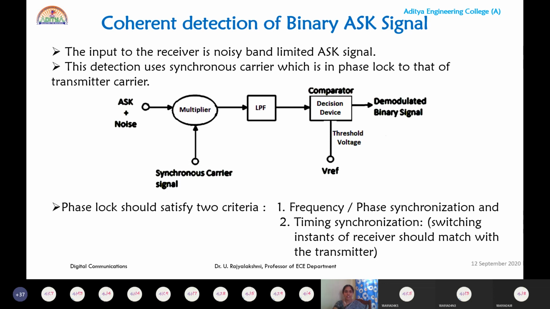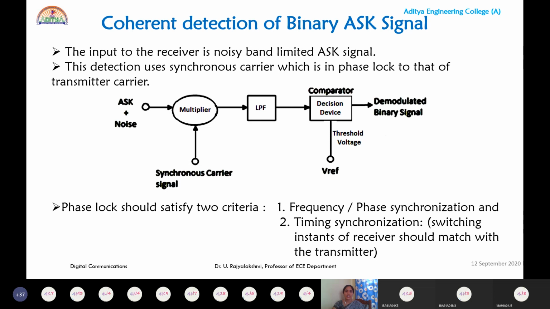It means that the frequency and phase of the receiver carrier are the same as the frequency and phase of the transmitter carrier. That is the first synchronization, frequency and phase synchronization. The second one is timing synchronization.